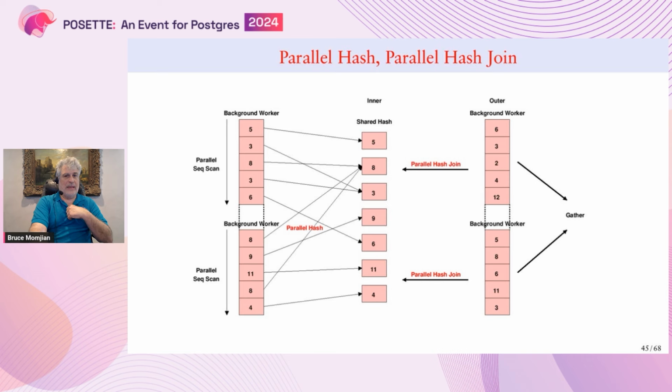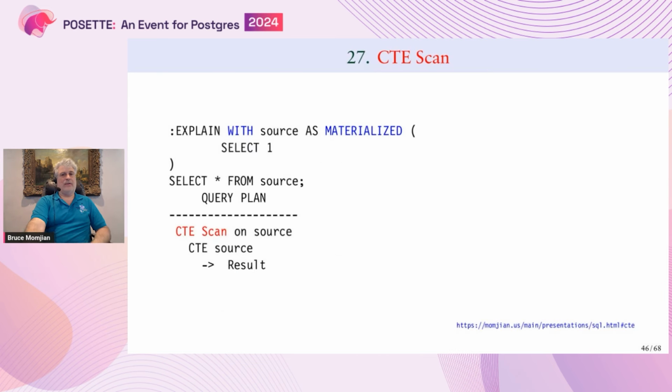We're going to create a shared hash between the two workers, and then the outer side is going to do lookups against that shared hash and then report their results back to a gather node. I know it sounds crazy, but it actually works really well. Again, this allows us to take the inner side, do two parallel scans, and create a parallel, shared hash that we can then look up from the outer side.